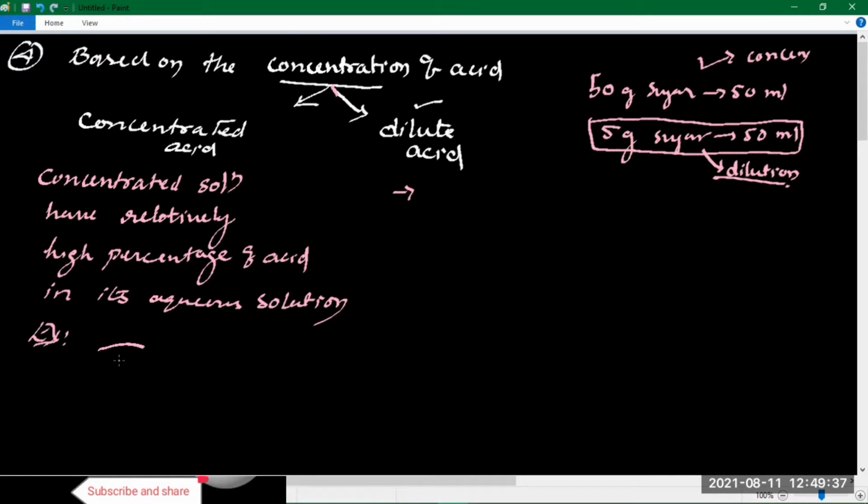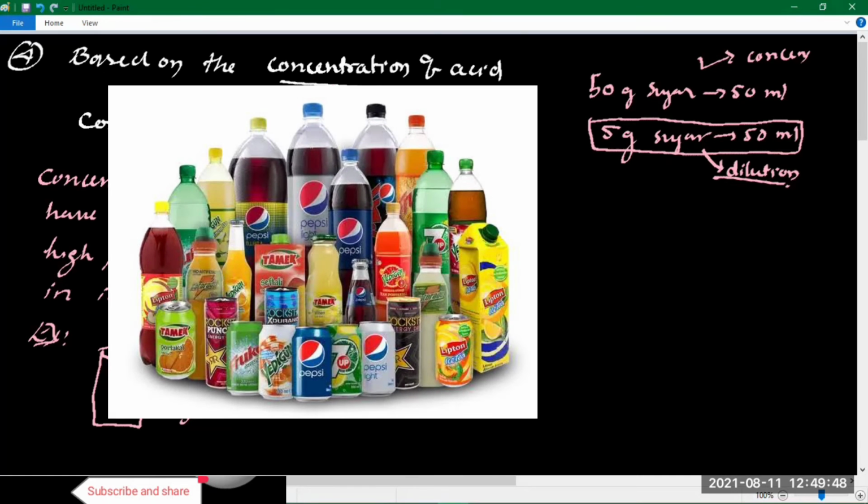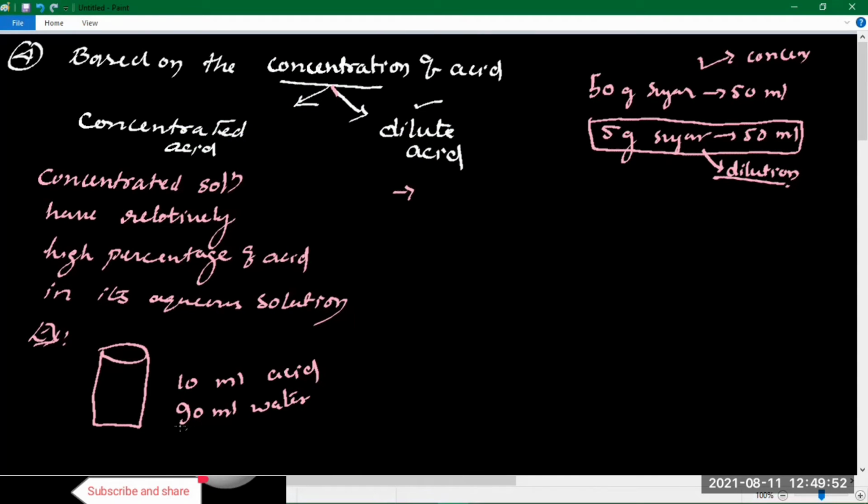For example, let me take one beaker and let me add 90 ml of water and 10 ml of acid. 90 ml of water is there, only 10 ml of acid I have added.